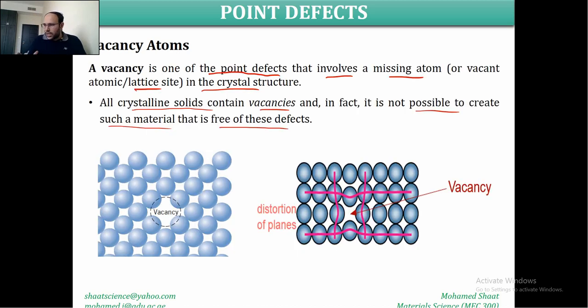What is a lattice site? Like this atom, it fills a lattice site. This atom fills another lattice site, and another. So every atom fills its own lattice site, and every atom represents a lattice site.